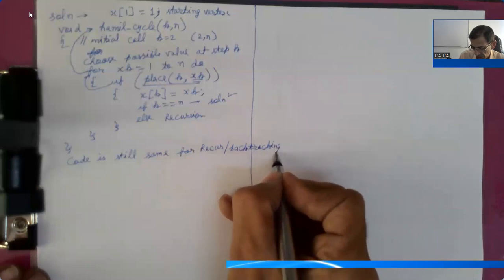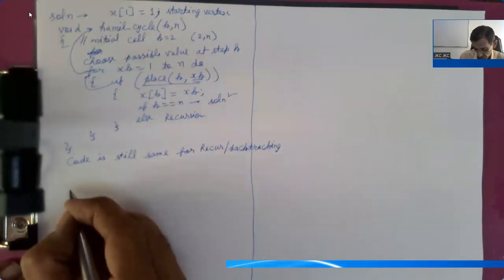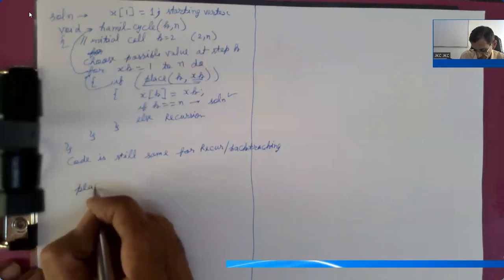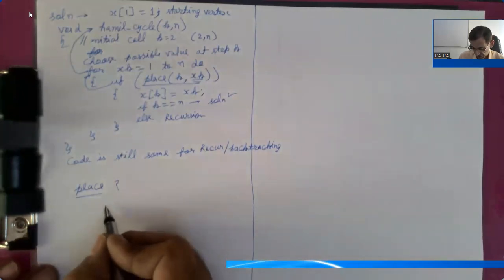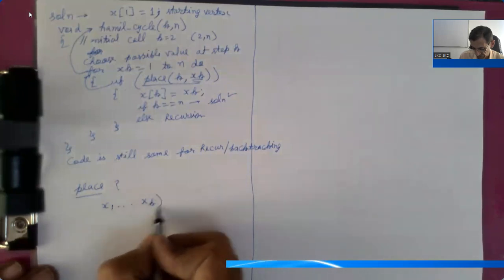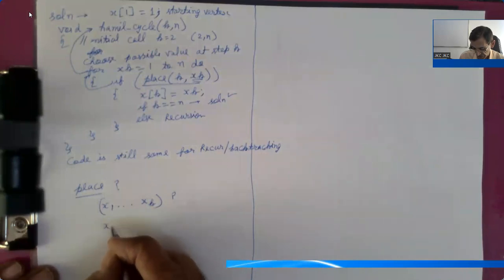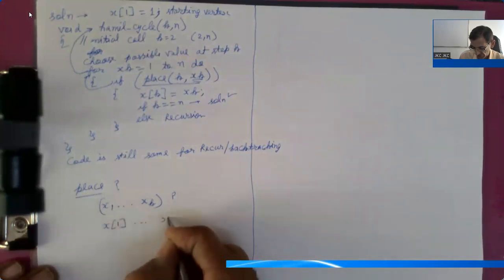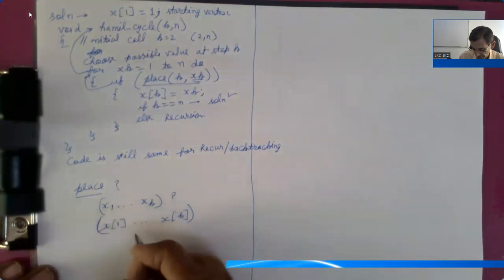Then comes the solution corresponding to the place function. So the place function I have to decide. Now here, what is the logic? Currently x1 to xk is being attempted, and acceptable or not. What does that mean? x1 to xk minus 1 vertices have already been accepted.